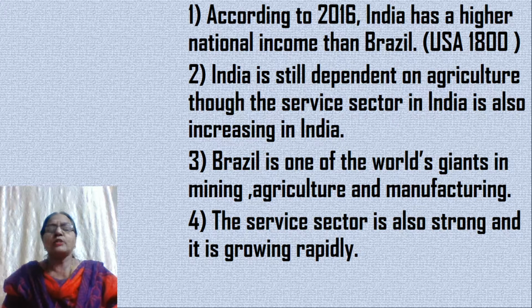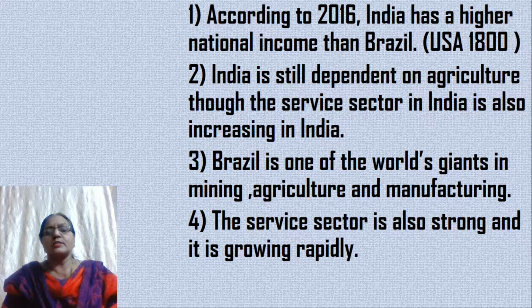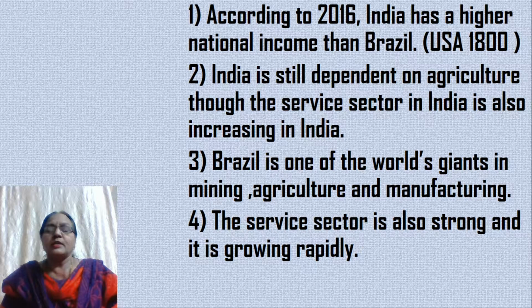Now, according to the year 2016, we find the national income of India was higher than that of Brazil. But when you compare it with the developed economy, that is of USA, we find the national income of the USA is $1,800 million.